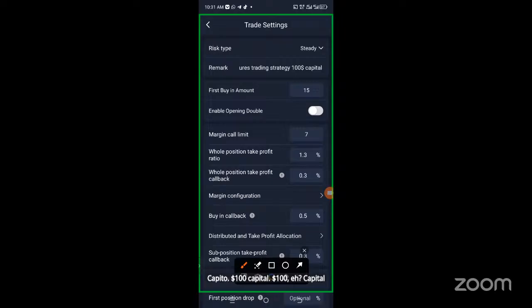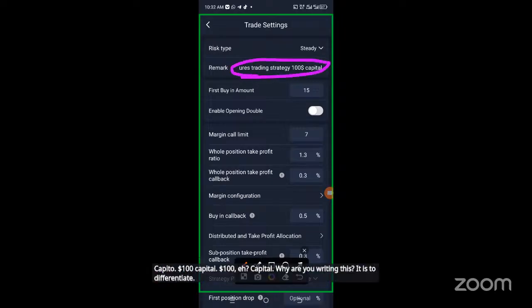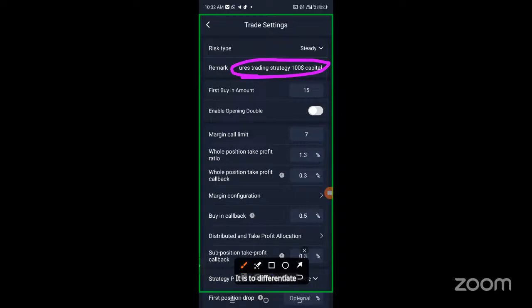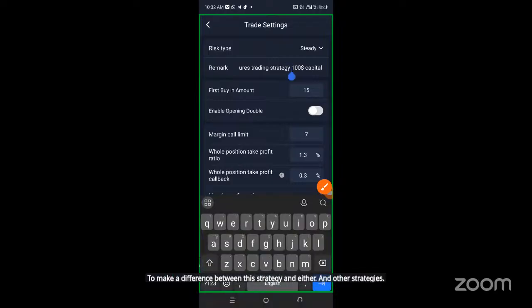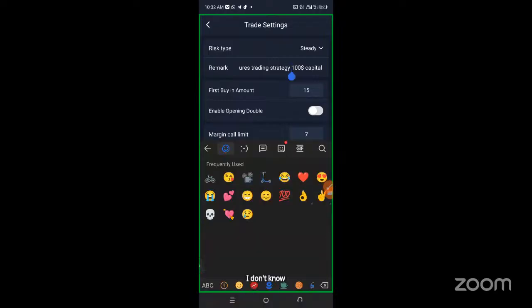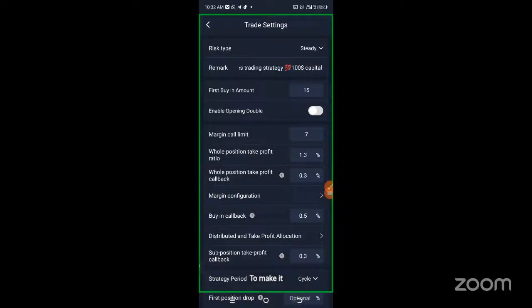Why are you writing this? It is to differentiate this strategy from other strategies. I don't know if someone is getting the point. Maybe you can add another thing to make it look different. The futures trading strategy, $100.